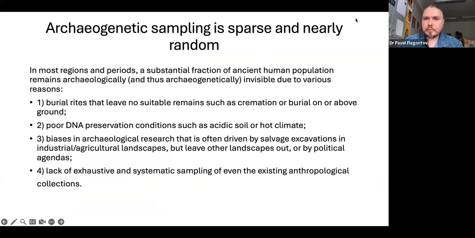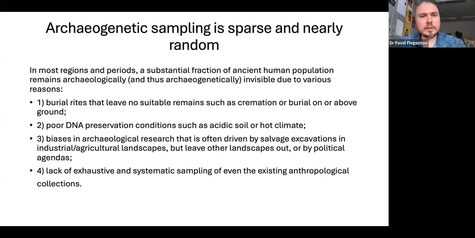And now let's move back to previous one-dimensional simulations. But first, let's talk about the nature of archaeogenetic sampling. Unfortunately, the kind of sampling we are dealing with is sparse and nearly random, because a substantial fraction of ancient human or animal populations remains archaeologically and thus archaeogenetically invisible due to various reasons.